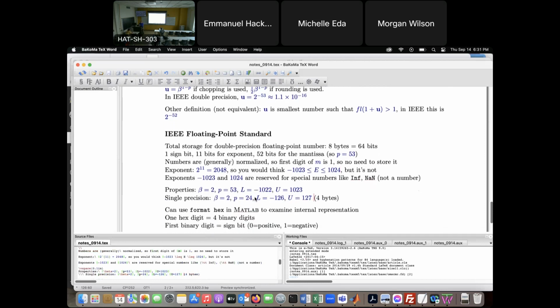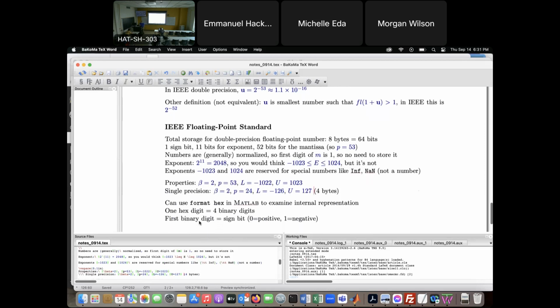If you want some insight into how MATLAB stores and represents floating point numbers, you can use one of the formats that came up in the homework, format hex. I told you before that this is my favorite format. It's total garbage to the uninitiated. Hex is convenient because hex is base 16, which is 2 to the 4th, so one hex digit corresponds to 4 binary digits.